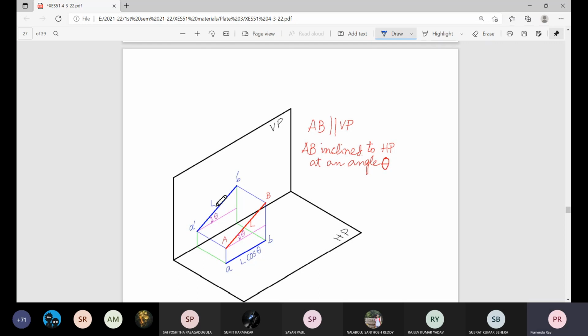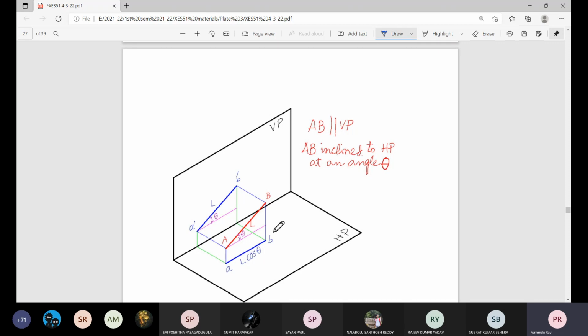Obviously, its projection on the vertical plane will be the real length L, and true angle theta will be available here in the elevation. And what about the length of plan? It will not be the true length because it is inclined to the horizontal plane. So length of plan will be L cos theta. But really we do not calculate L cos theta and draw this line of that length measured in that way.